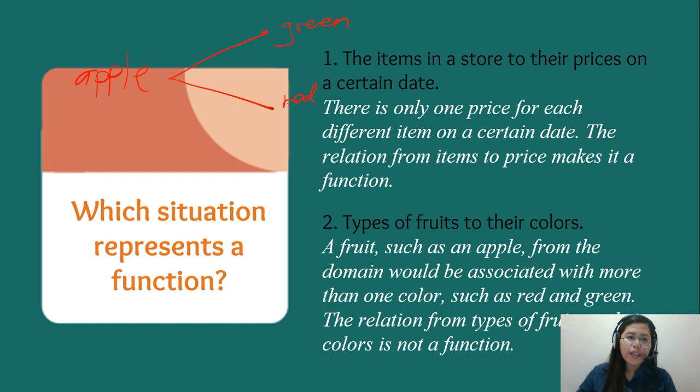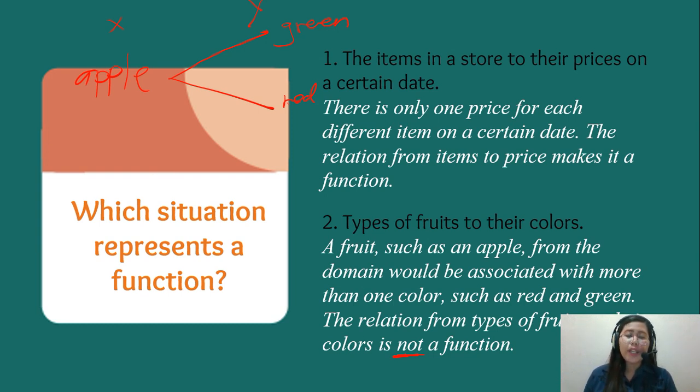So, this is your X, this is your Y. So, this is a one-to-many. Ibig sabihin po, si number 2 po is not a function. Okay? Kasi si apple nag-correspond sa dalawang color, which is green and red.